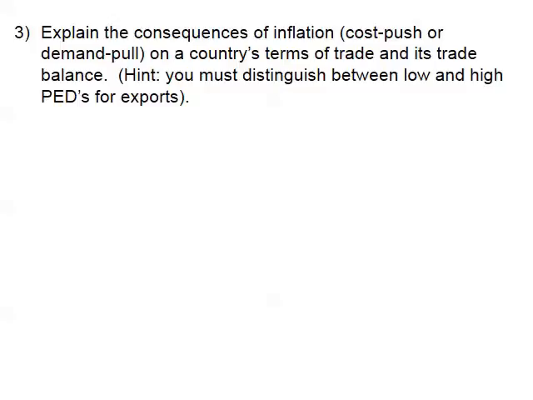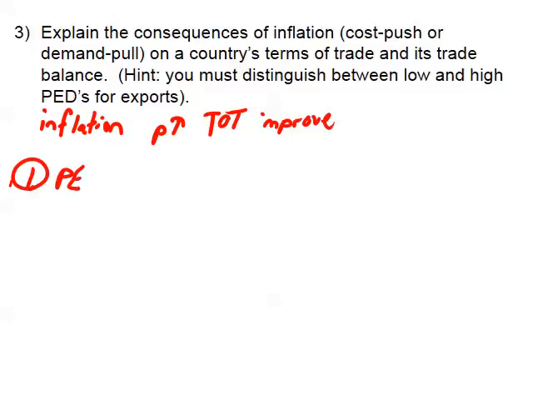Explain the consequences of inflation. It could be cost push, or it could be demand pull, on a country's terms of trade and its trade balance. And again, we've got to take elasticity into account. So if we have inflation, price went up, so terms of trade, if we're exporting these goods, improve. Okay, so let's look at situation 1. Price elasticity of demand for exports is elastic.